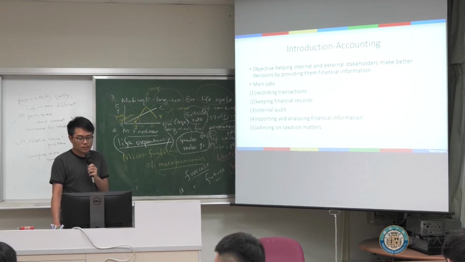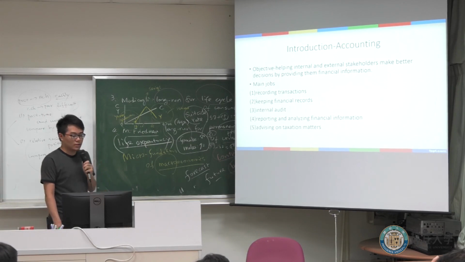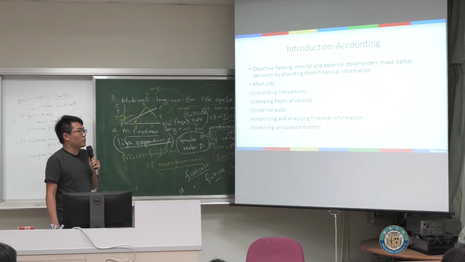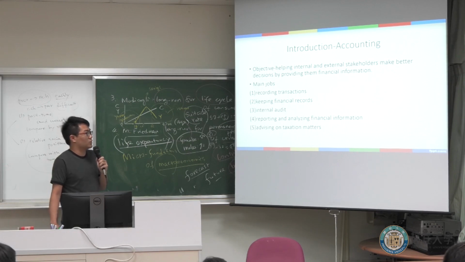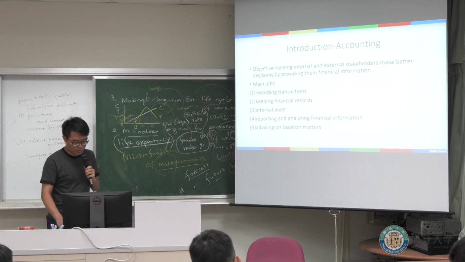The objective of accounting is helping internal and external stakeholders make better decisions by providing them financial information. Their main jobs are recording transactions, keeping financial records, internal audit, reporting and analyzing financial information, and advising on taxation matters.